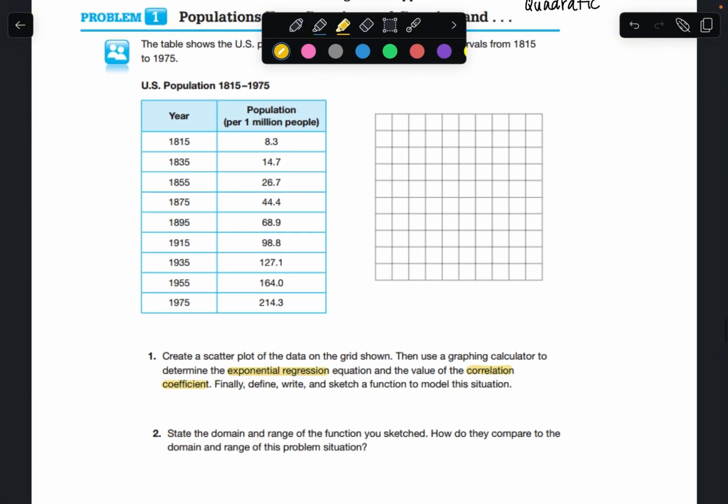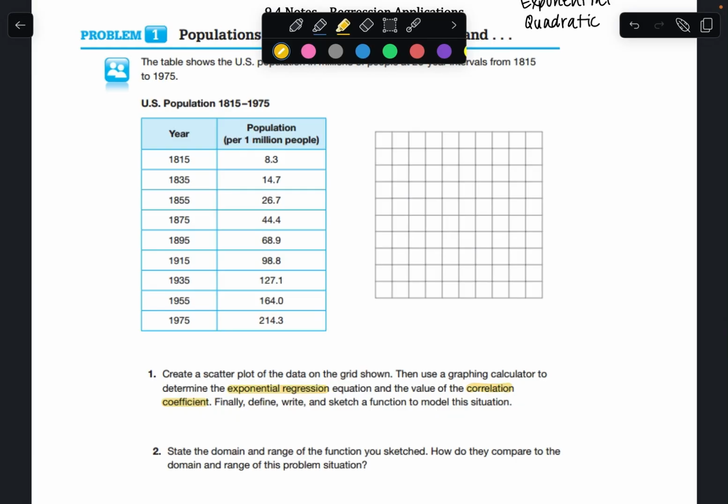Okay, and so when you are working with a table of points that has years, you might want to define your X column to be years since 1800. And so that way you're not typing in these big X values. It won't show up on your graph. So we'll do 15, 35, 55, 75, 95, 115, and then 135, and then 155, and 175.